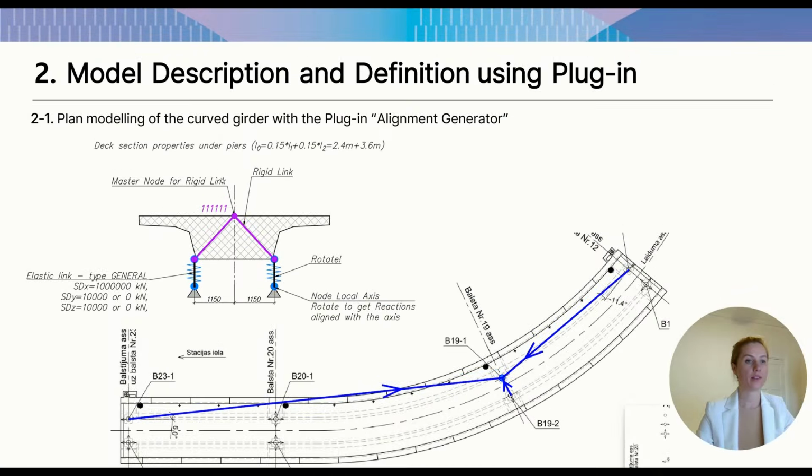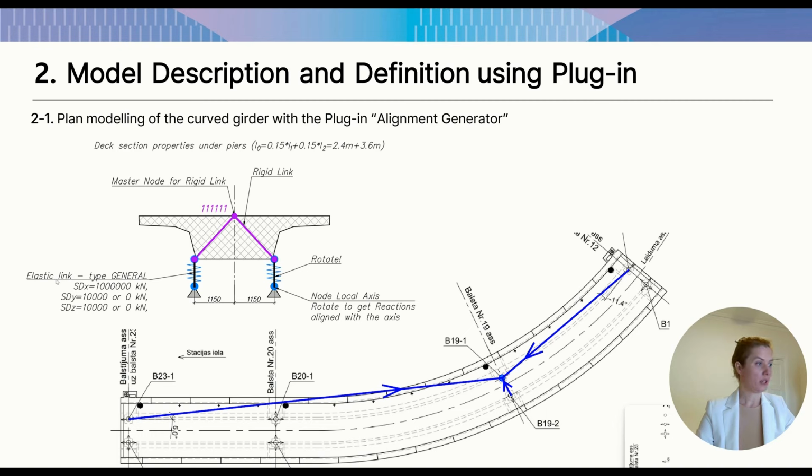Here are the final bearing conditions in the model. First of all, I created links to simulate the height of the section at support points. I chose rigid link for this purpose. It's represented as pin links with 3 nodes. Then I used elastic links, type general, to create the supports.